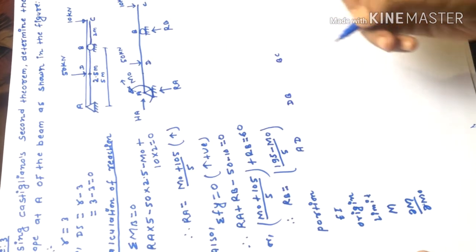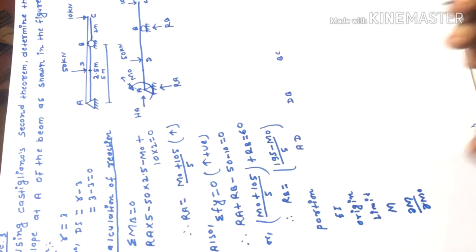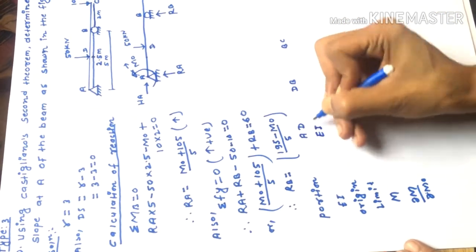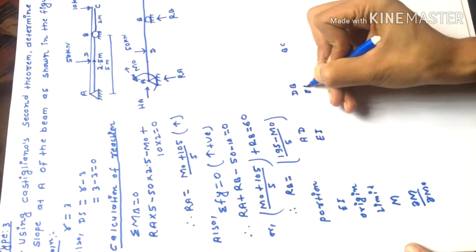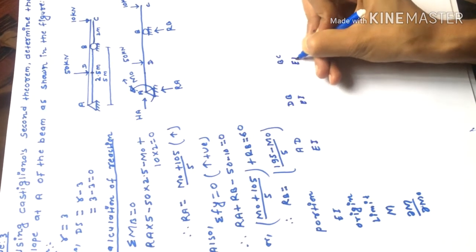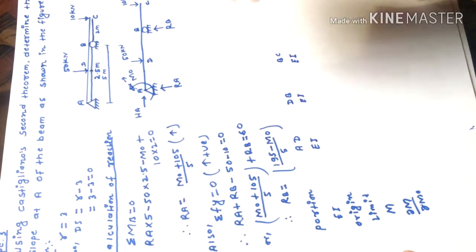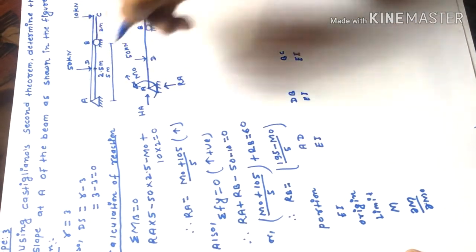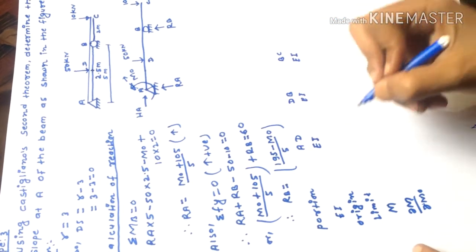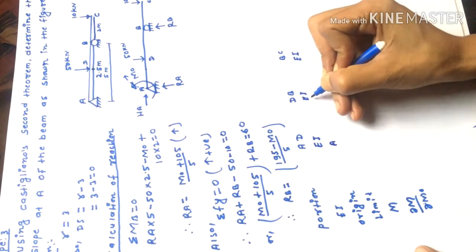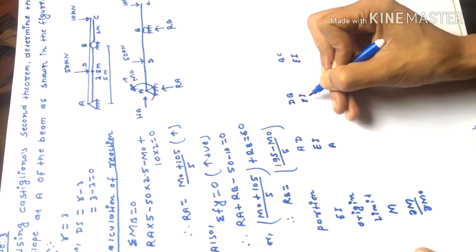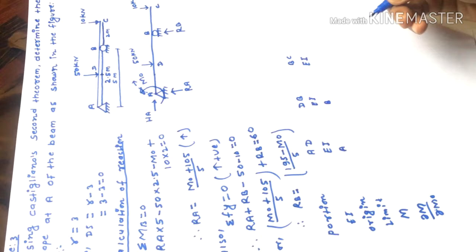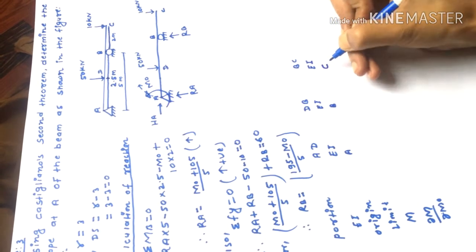Here in the question EI is constant throughout. So for portion AD EI is constant, for portion DB EI is constant, for portion BC EI is constant. Now our next is origin. In portion AD let us assume A as origin, in portion DB let us assume B as origin, and in portion BC let us assume C as origin.